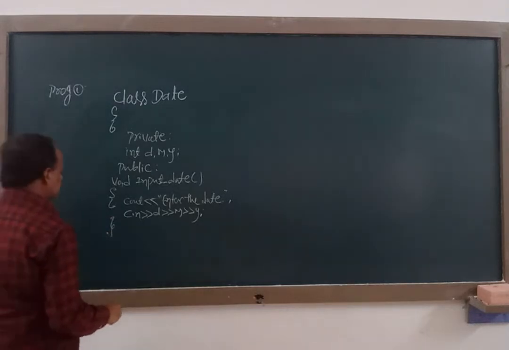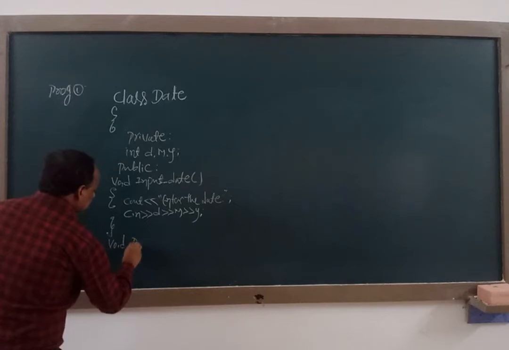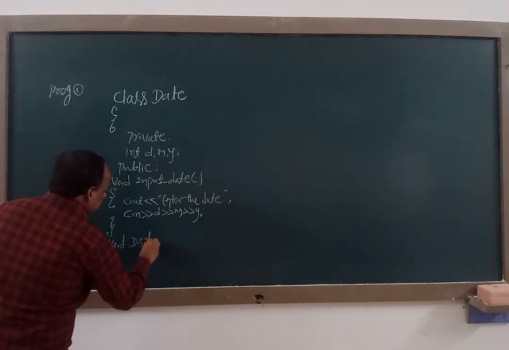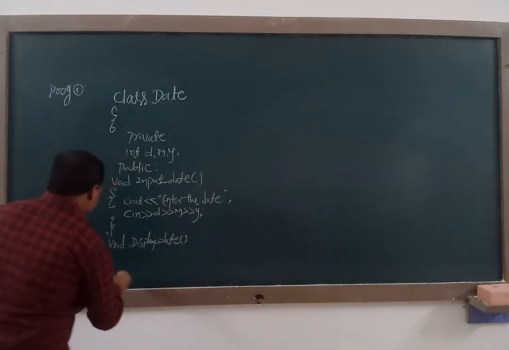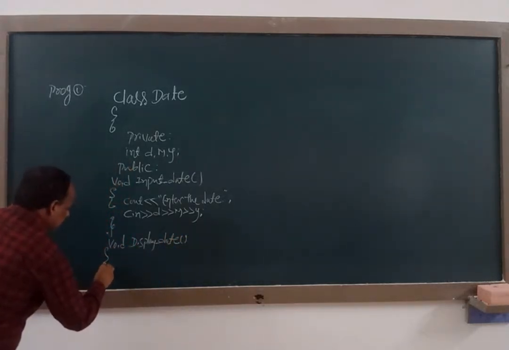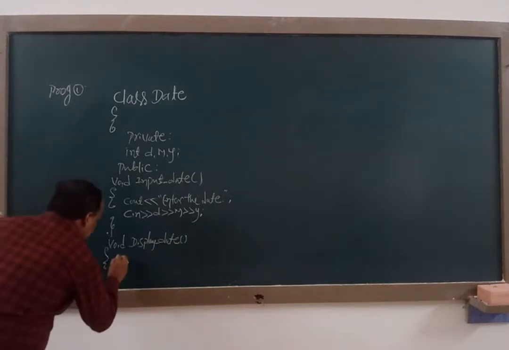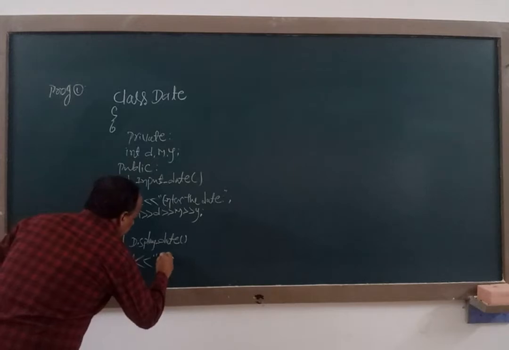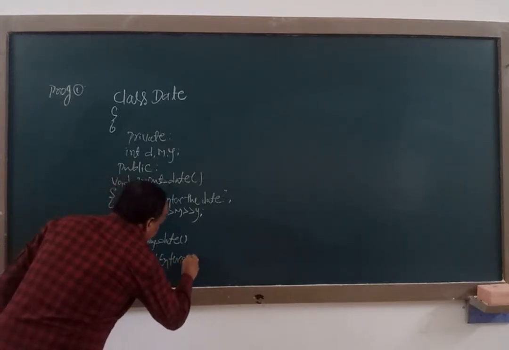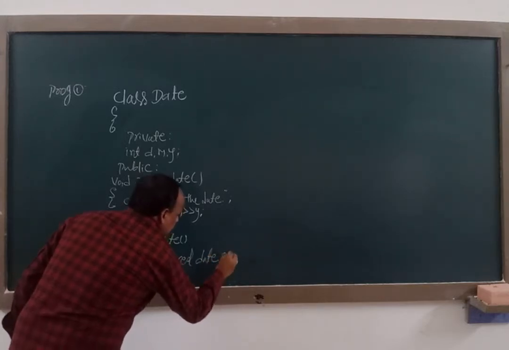Close the input function. One more function, that is display date. This display date function contains cout, the date is.